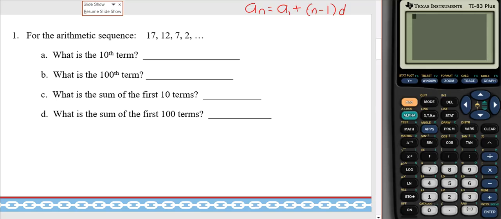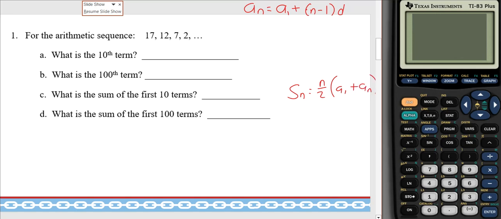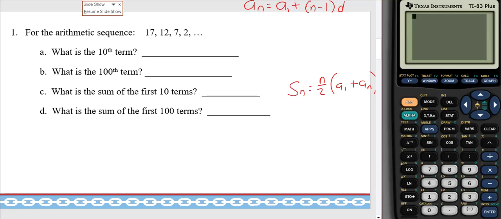The sum of a certain amount of terms is equal to our n value over 2 times first term plus last term. Those are the equations that we are going to use for today.